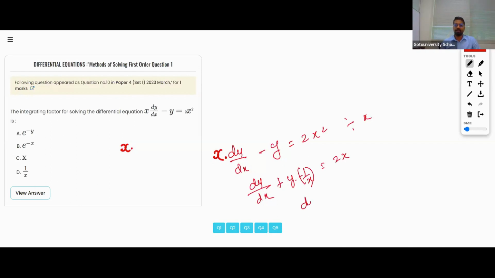Now it is compared with dy by dx plus py is equal to q. Our integrating factor is e power integral of p dx. So what is p here? p is minus 1 by x.